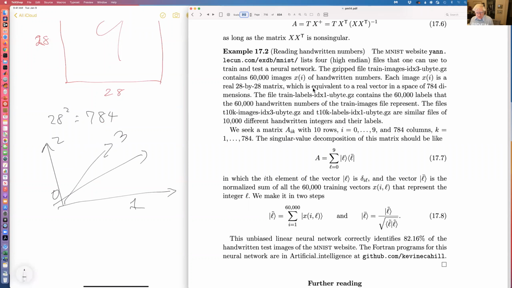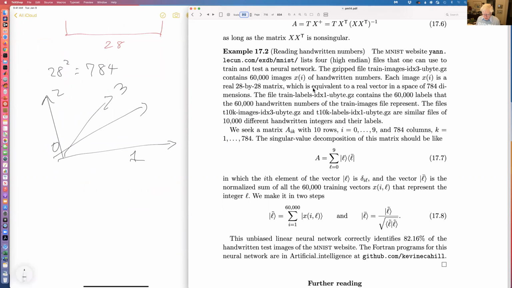And so then, in order to read new, unknown images of handwritten integers, I just took that each of those images is a vector in this space.